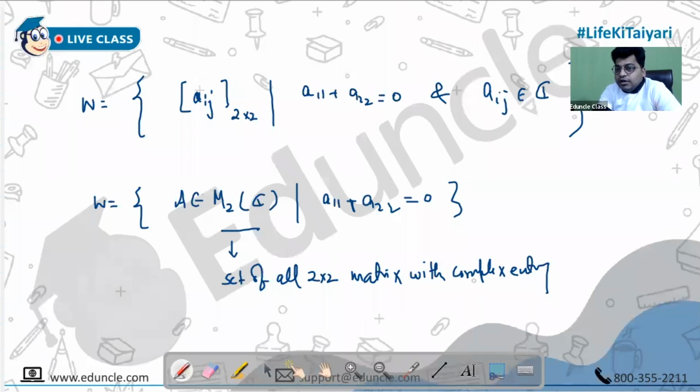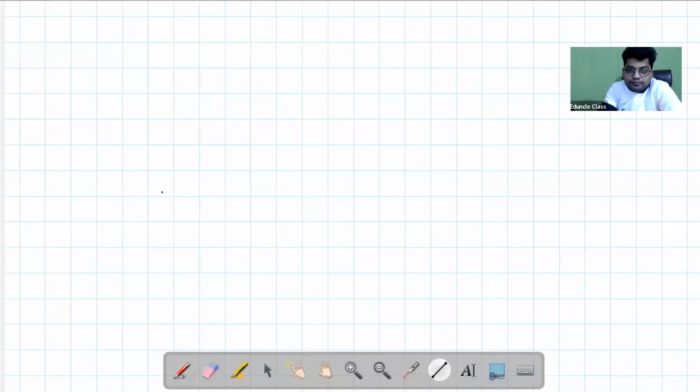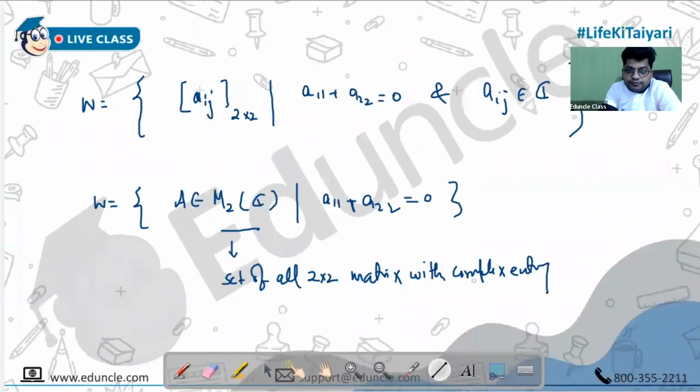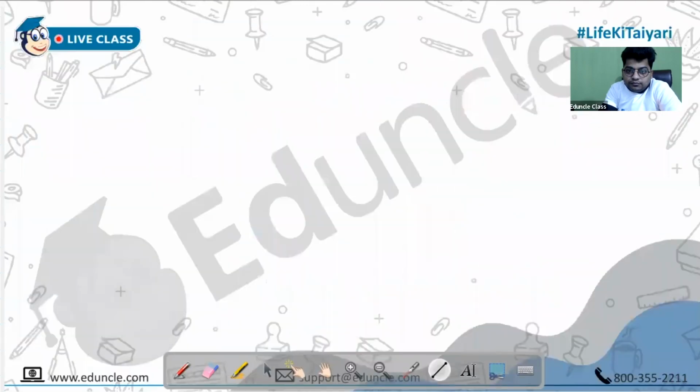And there is one more thing. In a vector space, you are not multiplying vector by vector. You have some space like R2, R3.